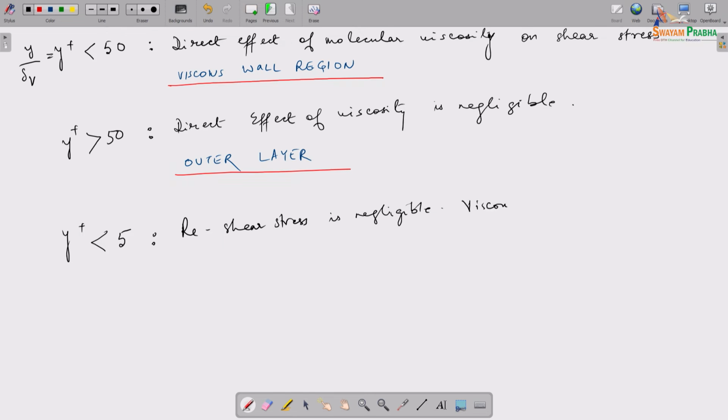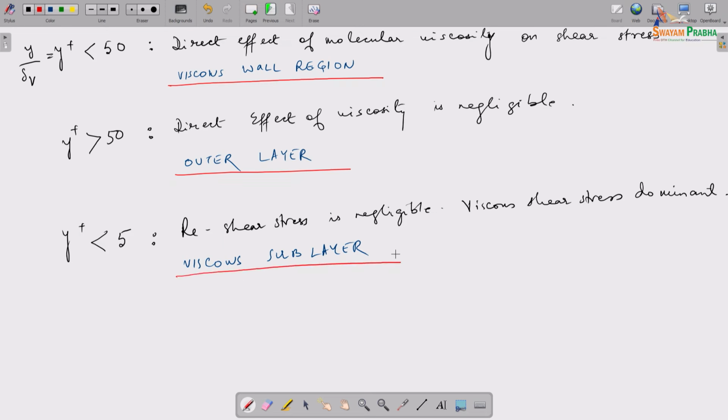So viscous shear stress is dominant, and this is essentially called the viscous sublayer. This is the viscous sublayer.